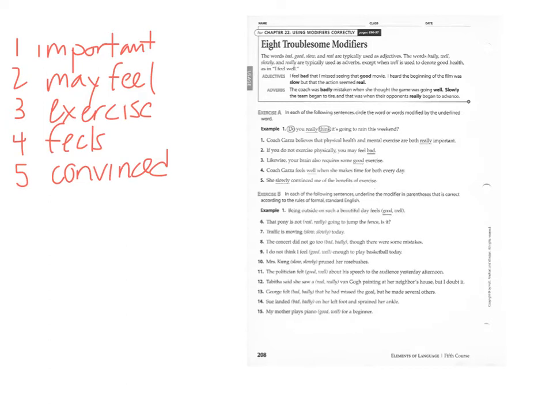Okay. For number 6, that pony is not, and we're going to say really, going to jump the fence, is it? For 7, traffic is moving how? It's moving very slowly today. For 8, the concert did not go too badly, though there were some mistakes.